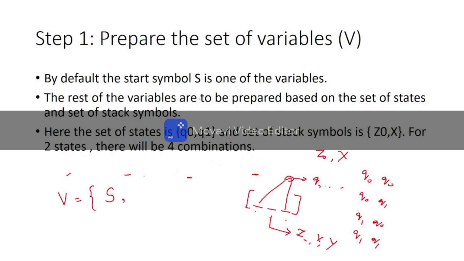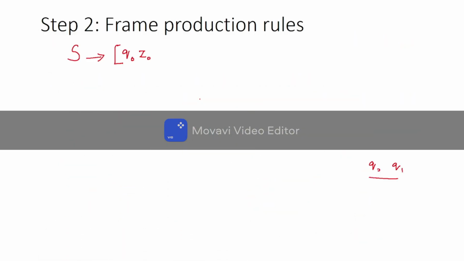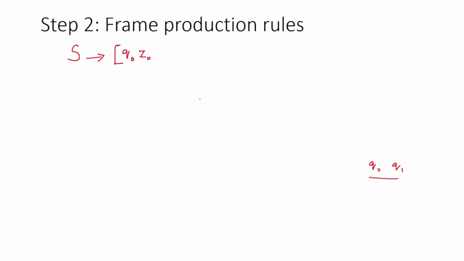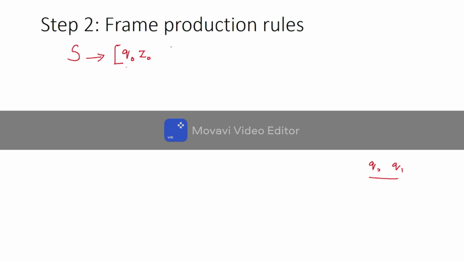That is why we have put q naught and z naught, because we are framing the rule for the start symbol. So, the start symbol has to hold all the initial values. So, q naught is the initial state and z naught is the initial stack symbol. Now, we have to fill this component. So, this component is going to have all the possible states.